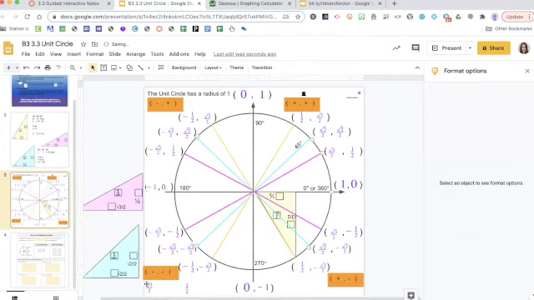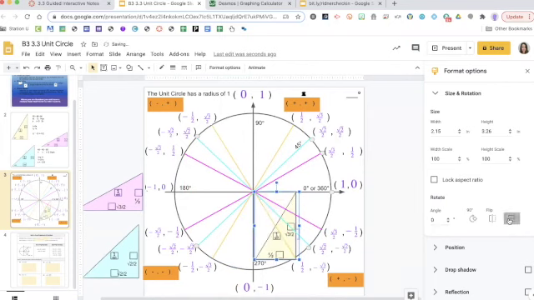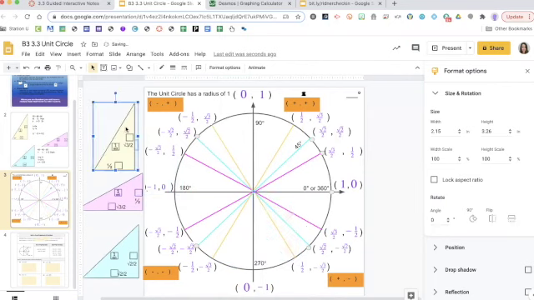And then I can delete all the extras there. And I am almost finished making my unit circle. There are 2 last things that I need to do. I need to give all the lines measurements, which I've started, but I did not finish. So that's what we're going to do next.